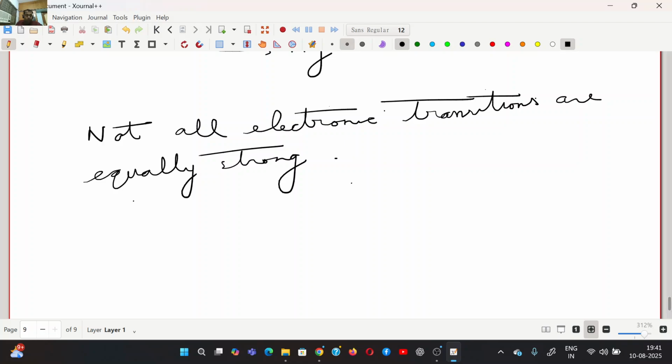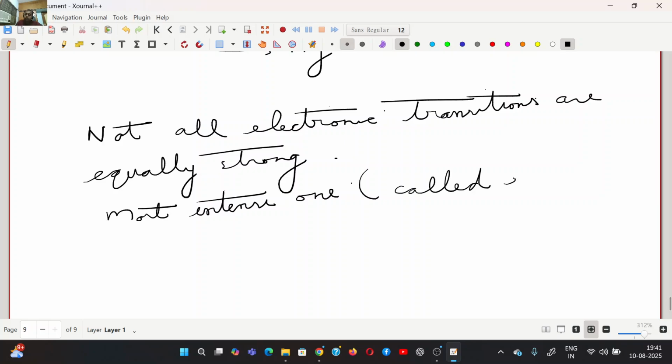The most intense one is also known as the resonance line.